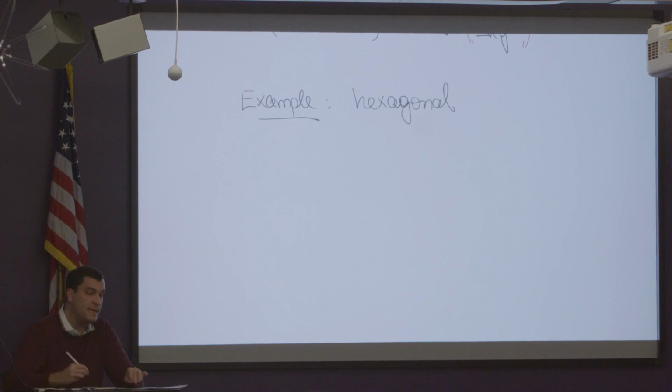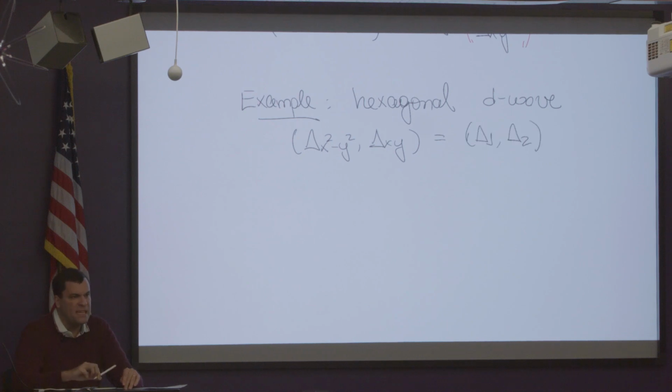The same works for a lot of other cases, but I want to do one of them with all the dirty details. So hexagonal d-wave, which is the one that has 2 gaps, delta x squared minus y squared and delta xy, which from now on I'm just going to call delta 1, delta 2. And that's what I'm going to refer to.